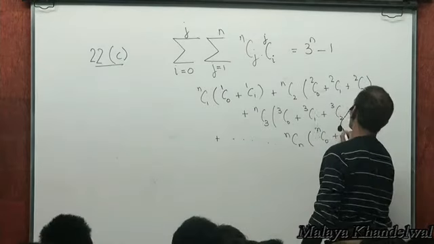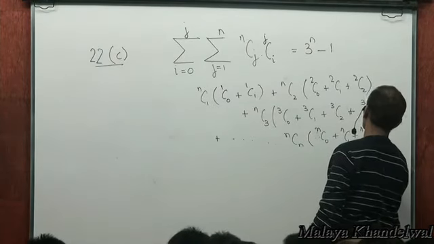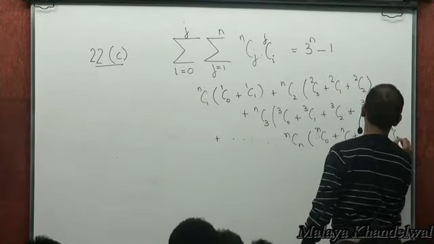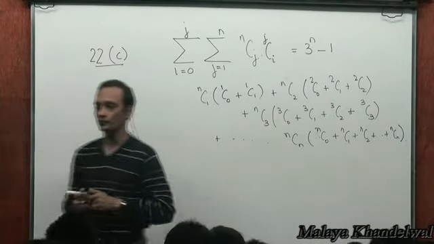I is 0, I is 1, I is 2, I is n. Yes or no?